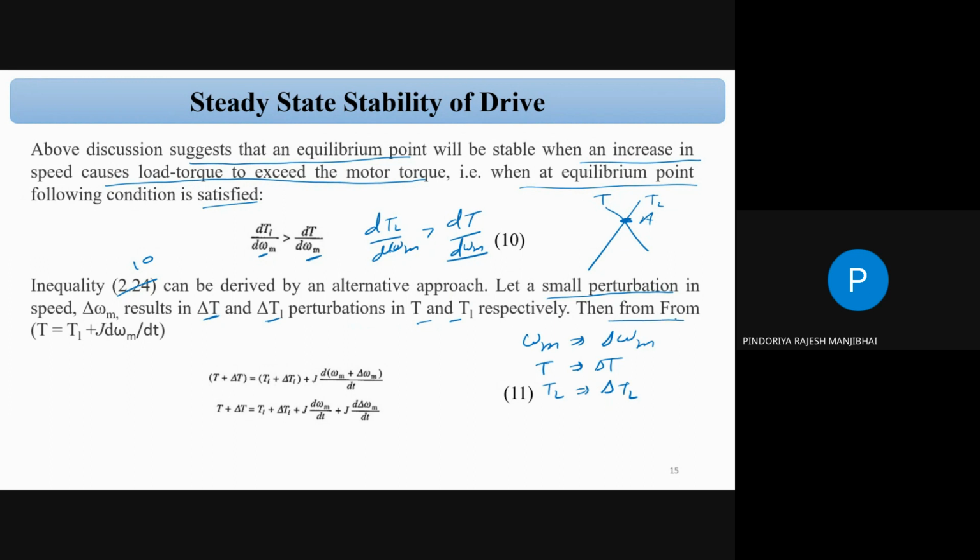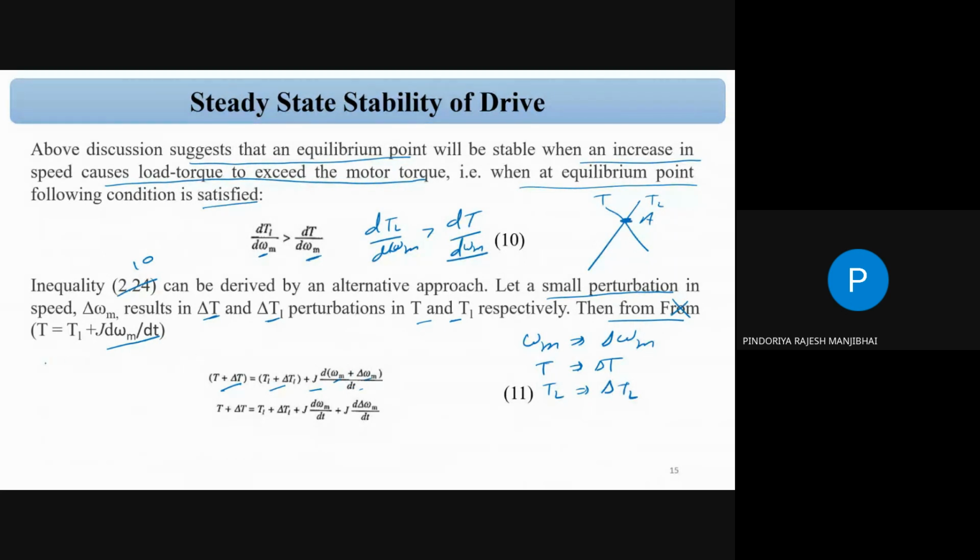Then form, only one time, T equal to TL plus J d omega m by dt, that is the fundamental torque equation. We can say T plus delta T equals TL plus delta TL plus J d omega m by dt plus J d delta omega m by dt, because we give a small variation in the speed as well as the torque.